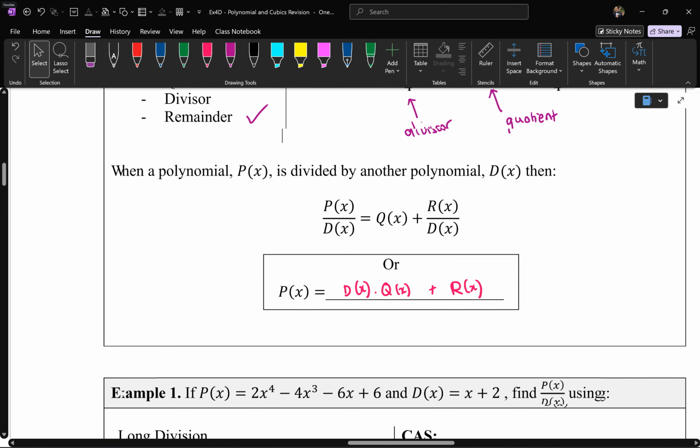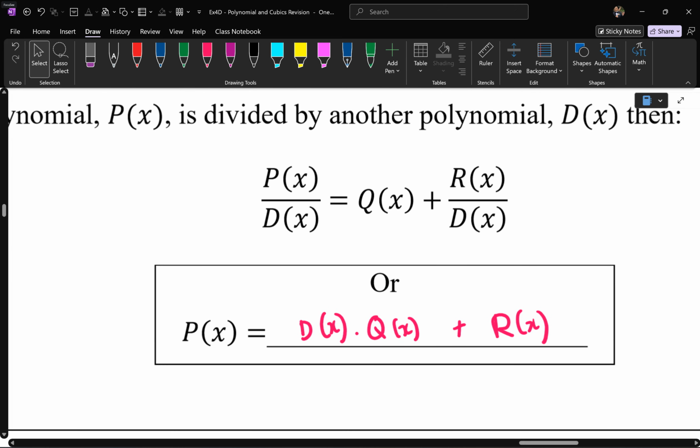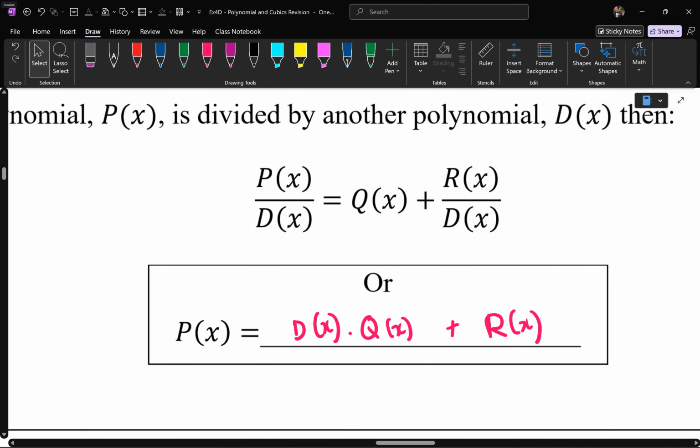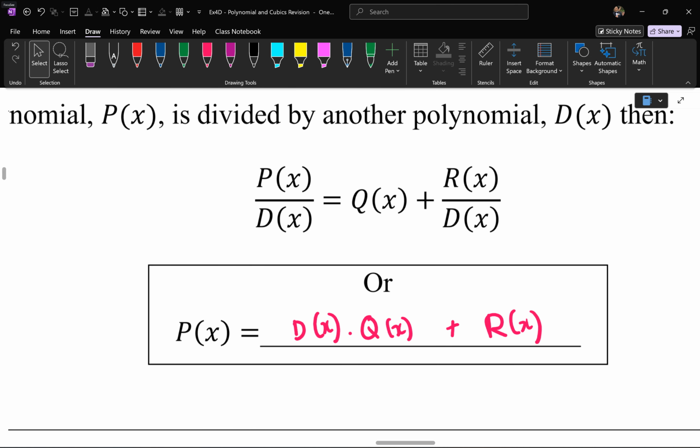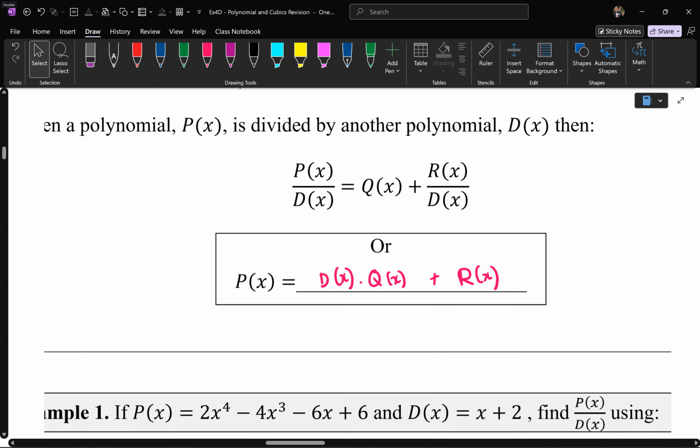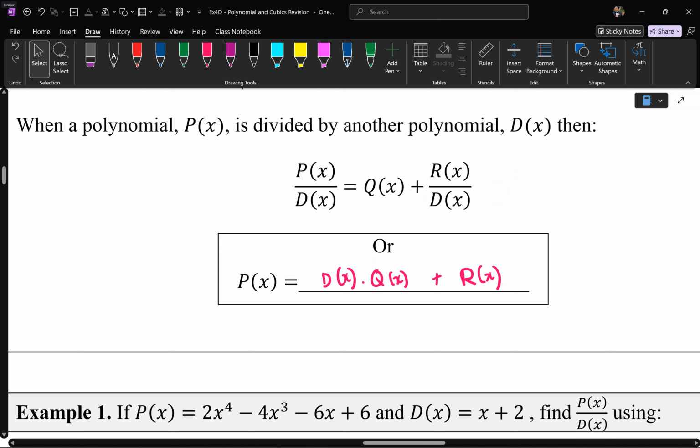Which then becomes abundantly clear that whatever your divisor is, you know how you do the remainder theorem: you find that value, you sub it into a function, and if it's 0, whatever's left over is your remainder. Makes sense? True?